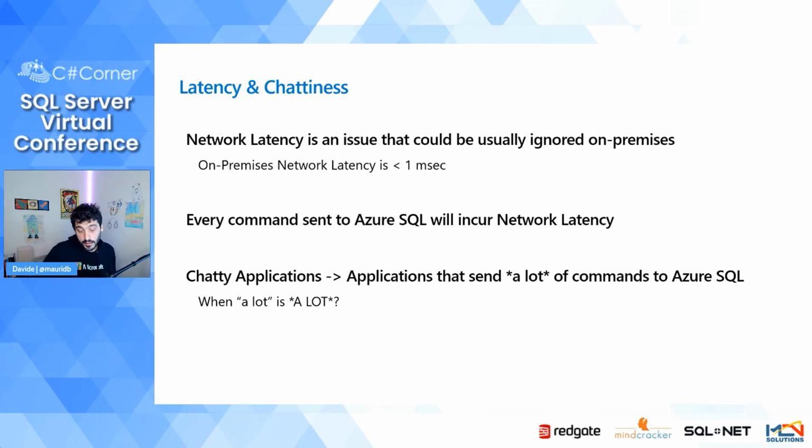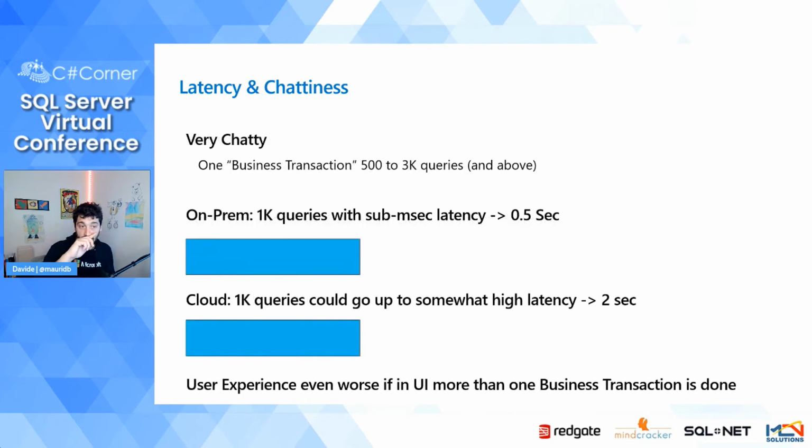If you are moving an existing application, maybe a legacy application, to the cloud, it could happen that your application is doing a lot of requests to SQL Server, and now you are on the cloud on Azure SQL. So, for example, we have found that there are some applications that actually do from 500 to 3,000 or even more queries for each business transaction, where business transaction means, for example, fetching an order, fetching client data, showing something on a UI.